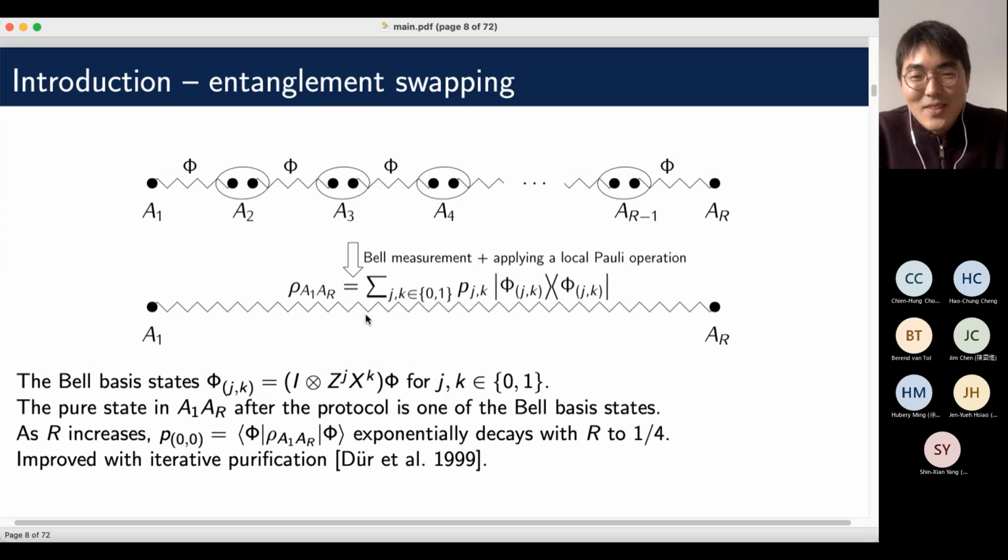So this is not really what we want. And there are some strategies to overcome this with purification, which was suggested in 1999 by Dür and other authors.